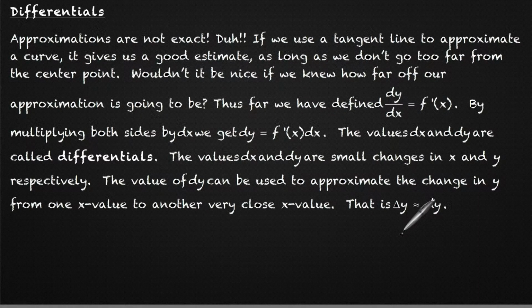A good example of this would be, let's say I measure a radius to be 5, but I could be off by plus or minus 0.02. The question that we would want to know is, how much is my error in measuring the radius going to affect the area of the circle?